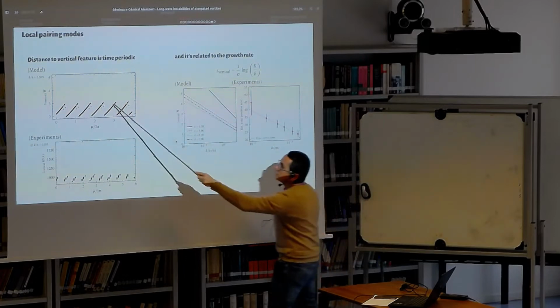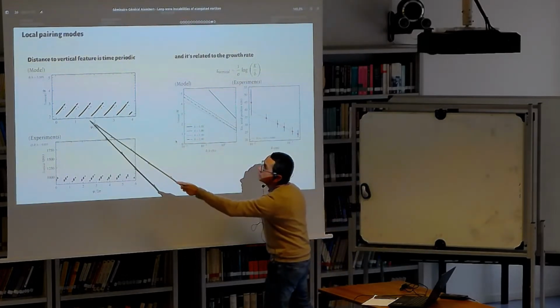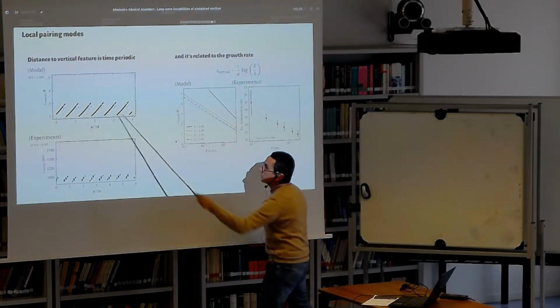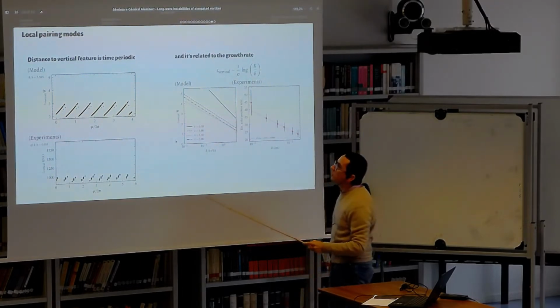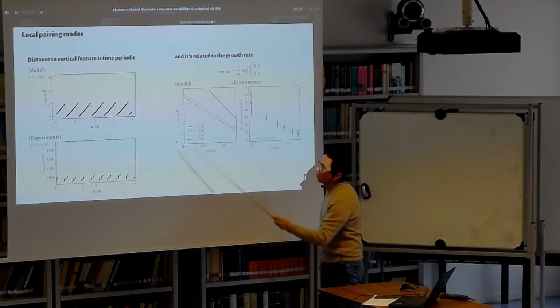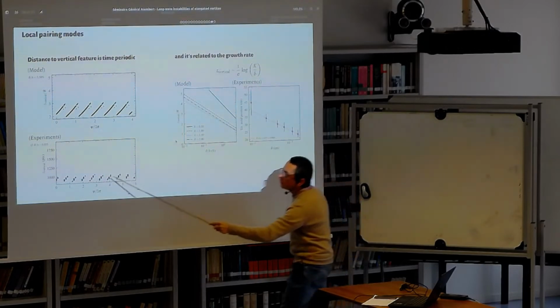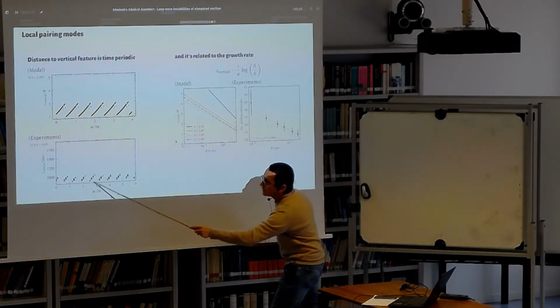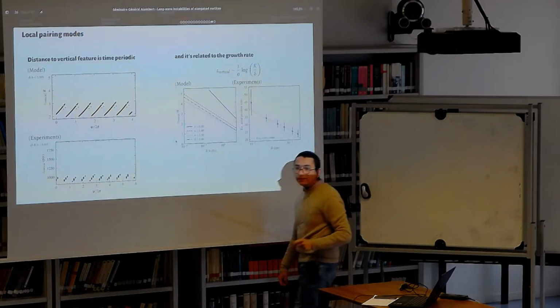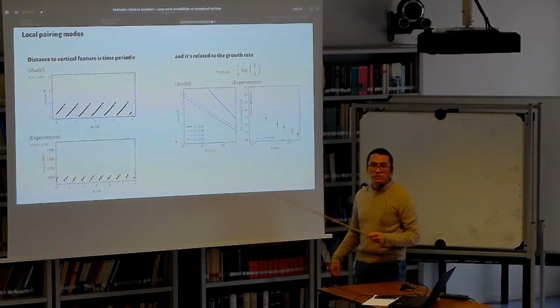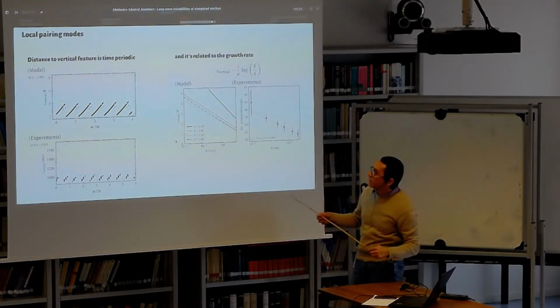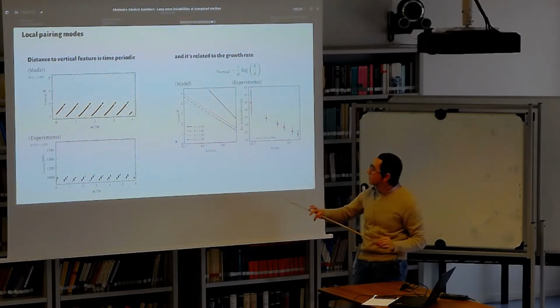So basically, the distance to the vertical feature is going to oscillate between a minima and a maxima with a period that is given by the unstable mode. And if we measure the same quantity on the experiments, we get sort of the same tendency. The comparison is a little bit difficult to make because we have the limitations of the experiment, but the idea is more or less there.